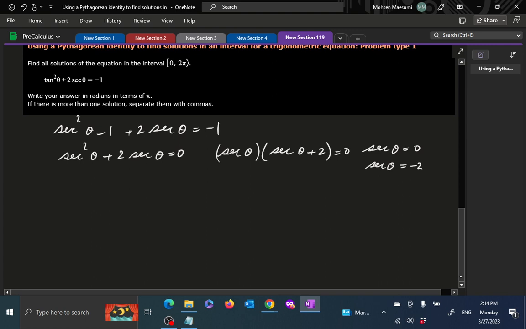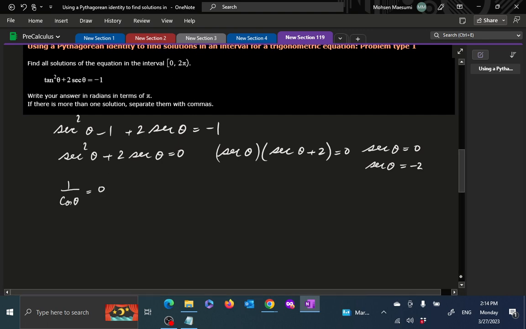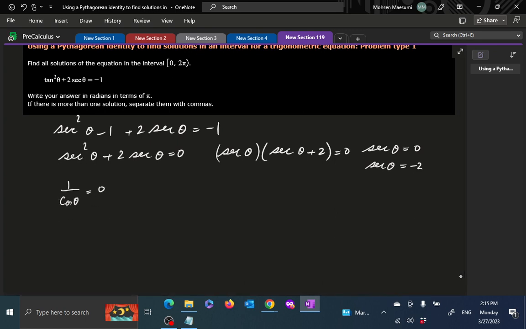Remember, secant is 1 over cosine. Now, 1 over cosine never becomes 0. If it was possible for secant of theta to be 0, what should I divide 1 by to get 0? There's no such number. Or if you push, it has to be infinity. That's impossible.